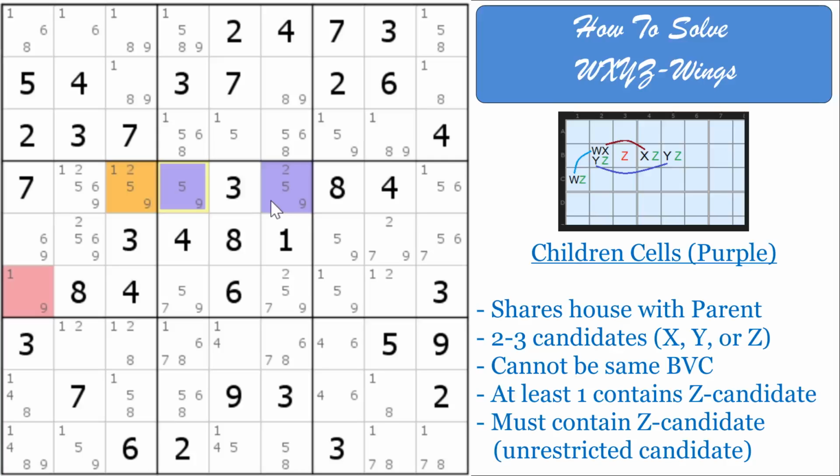It's not like a traditional XYZ-Wing where the hinge has 3 candidates, and the 2 wings are bi-value cells, and that's how you recognize it. And an XY-Wing is just bi-value cells, the AB, AC, BC setup. No, this can be a mix and match. But if you understand this relationship, you will be able to find these, and you will be able to make the eliminations. So I've explained the parent cell, I've explained the spouse cell, now I've explained the children cells.